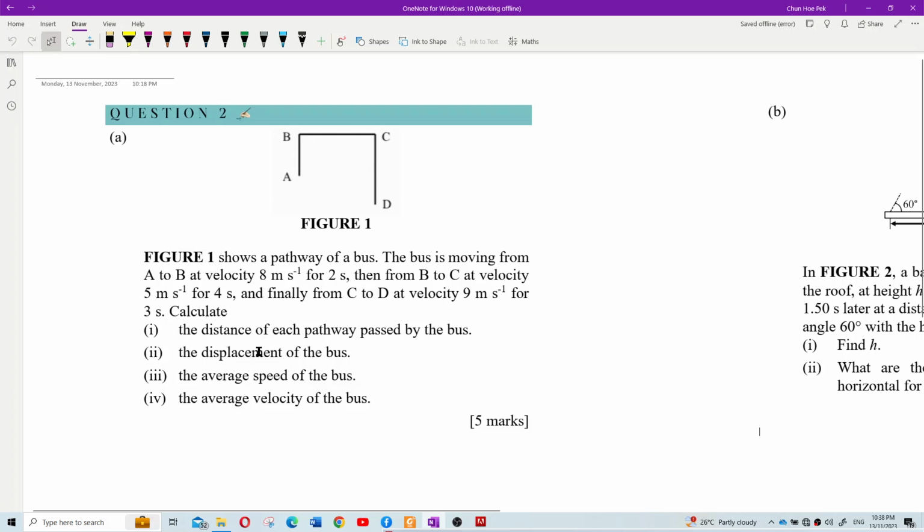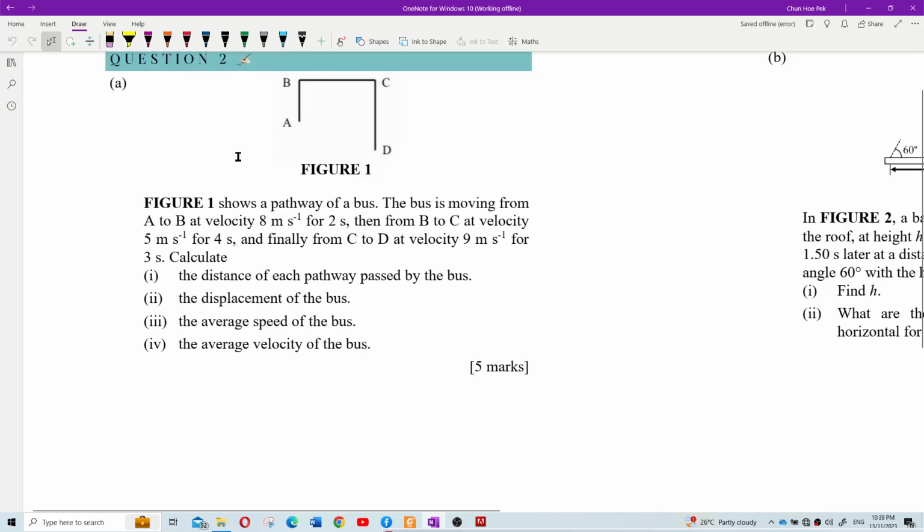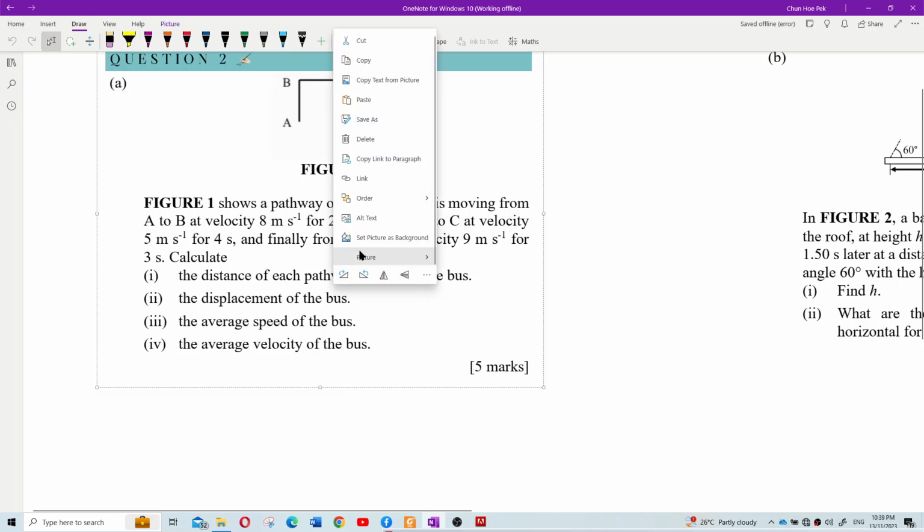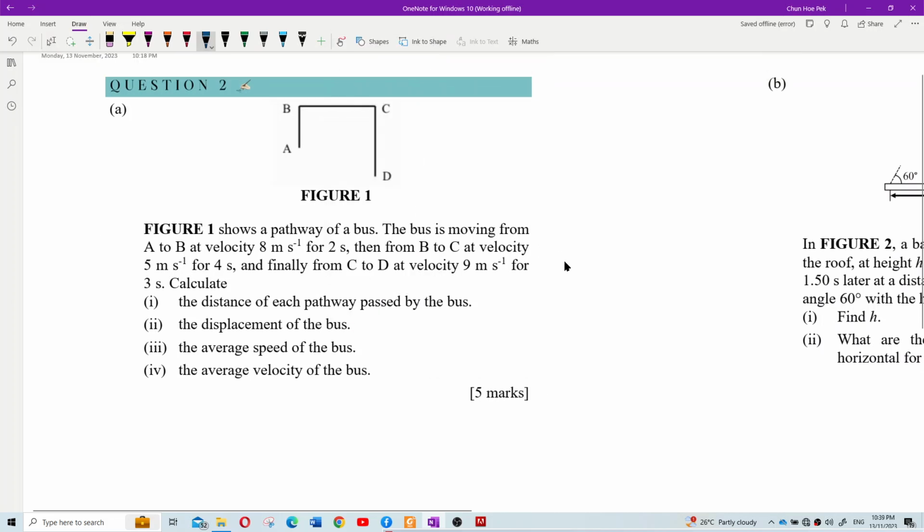Okay, distance, displacement. So let's do it. Distance of each pathway. So do it each pathway, one by one.